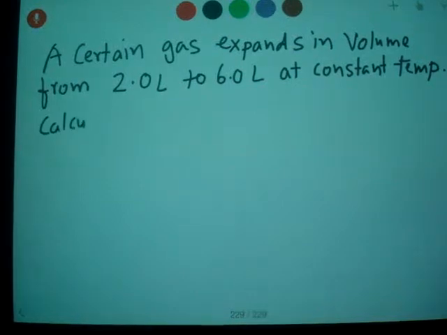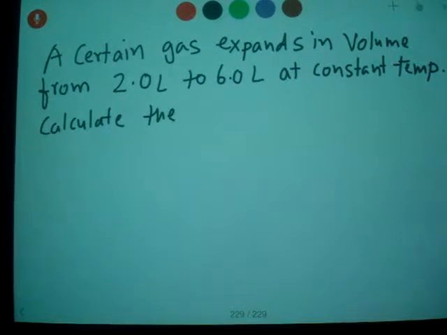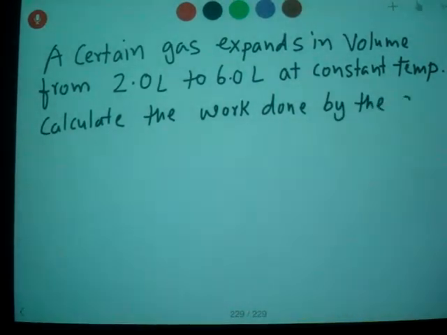Calculate the work done by the gas if it expands.